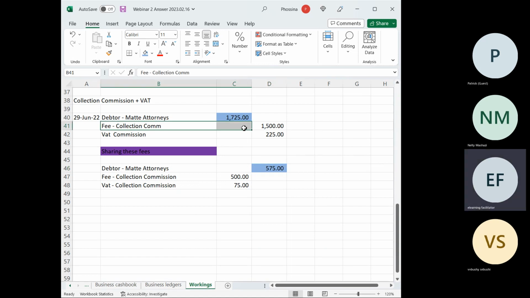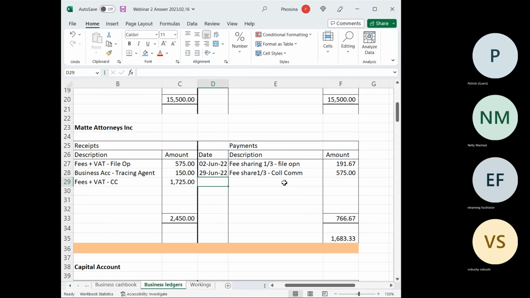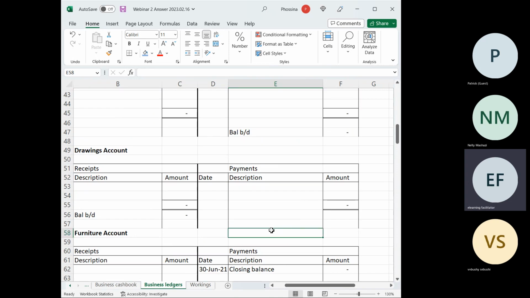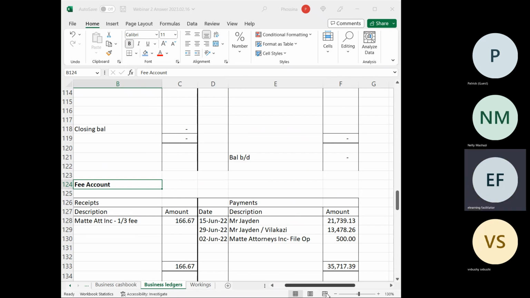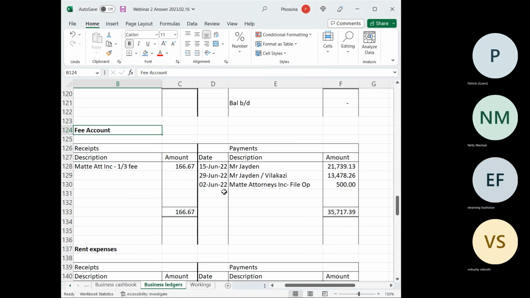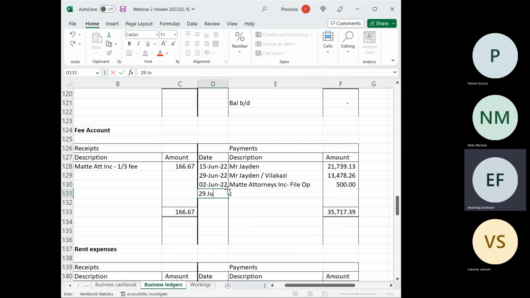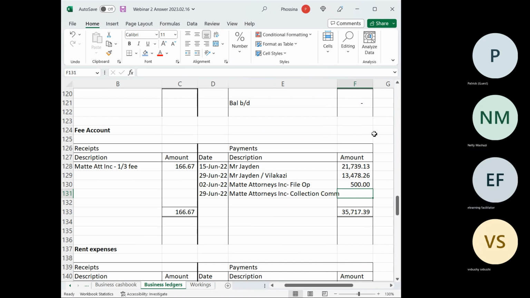And then let's record our fee. So we come to our fee ledger. So this is our fee account, 29 June 2022. So it's Maid Attorneys as well, but this time it's collection commission that we are getting. And how much is our fee? 15,000 multiplied by 10%.